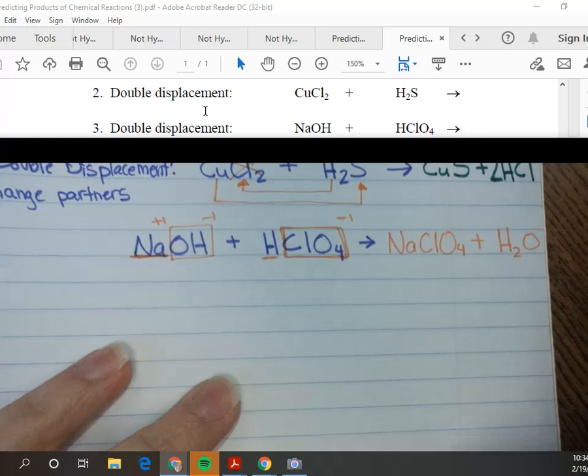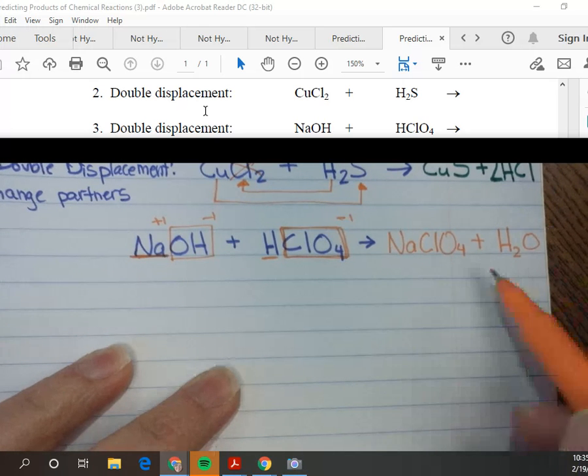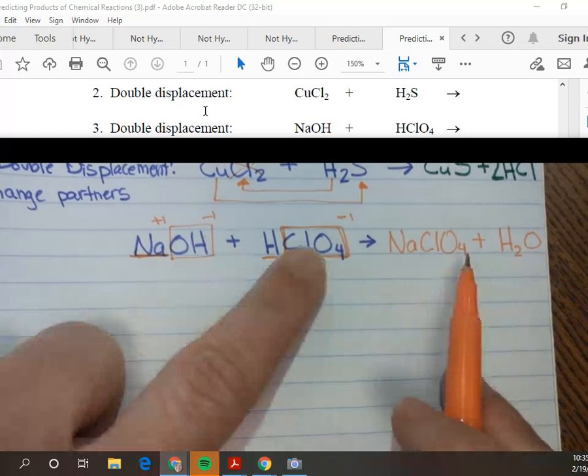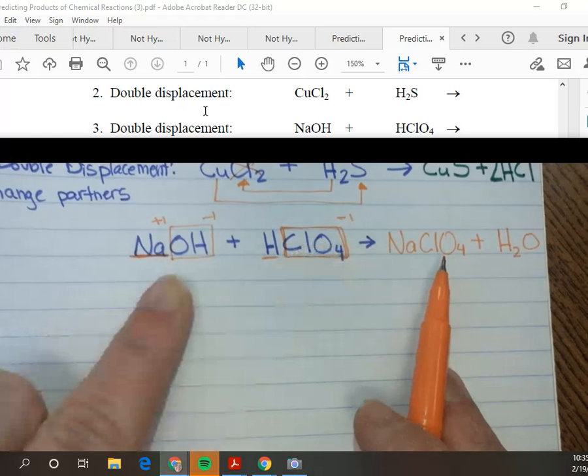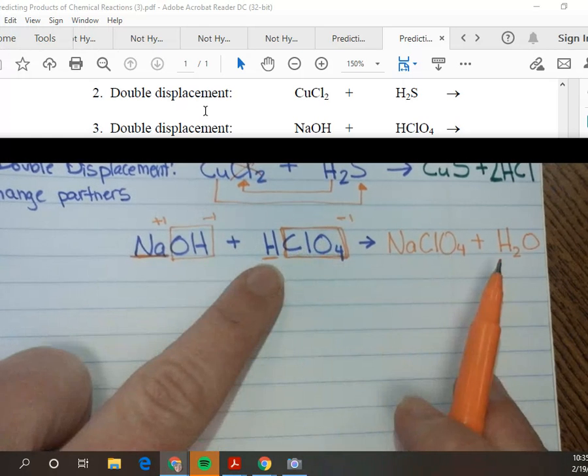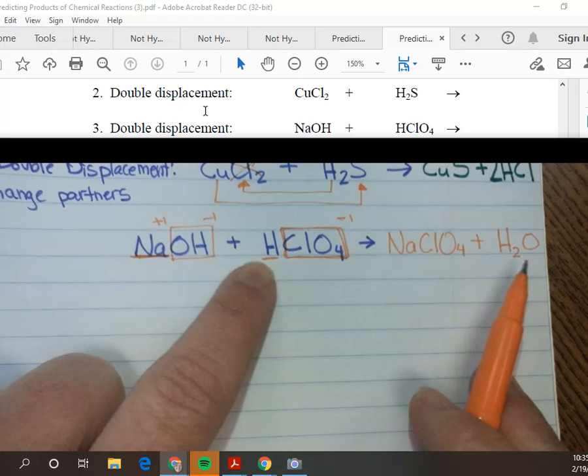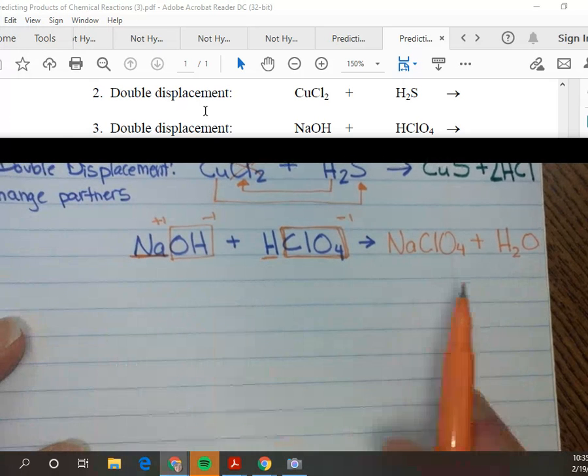H2O as water. Okay. So then I look, 1 sodium, 1 sodium, 1 perchlorate, 1 perchlorate. I have 2 H's and 1 O. Okay. So it's already balanced for us.